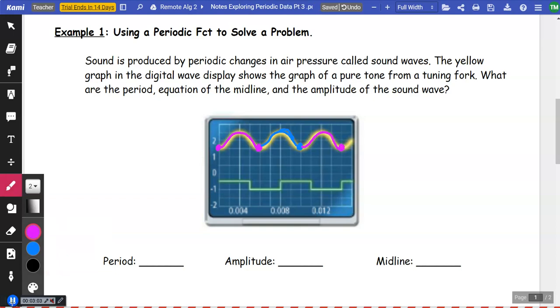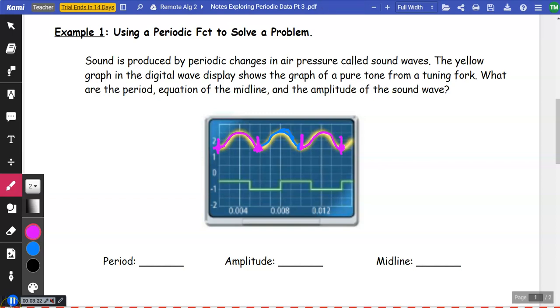So you can see that we're starting at that same y value and ending at that same y value. So this is a cycle, this is a cycle, and this is a cycle as well. So the period is the horizontal distance of a single cycle.